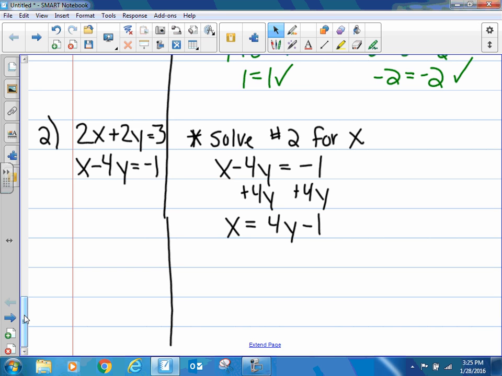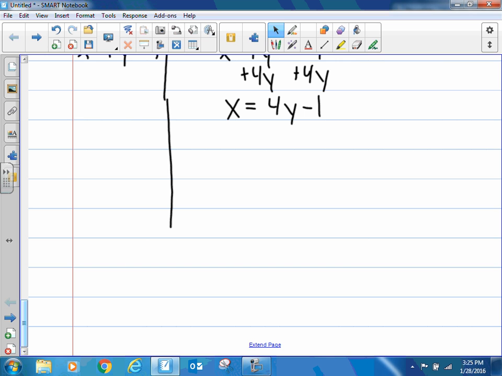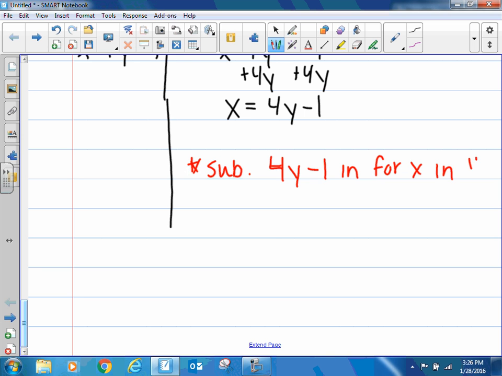So the next thing I have to do is go to equation 1, right? Because I used equation 2. So now I'm going to go to equation 1 and substitute 4y minus 1 in for x in number 1.